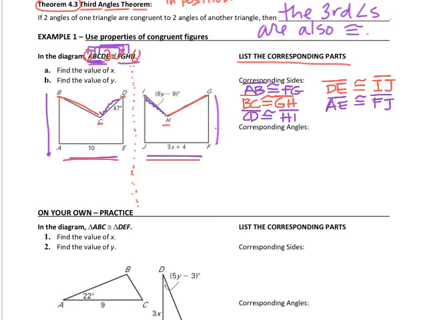So if it's a five-sided figure, make sure that you list 5 corresponding side pairs. And then we're going to say which angles are corresponding right now.